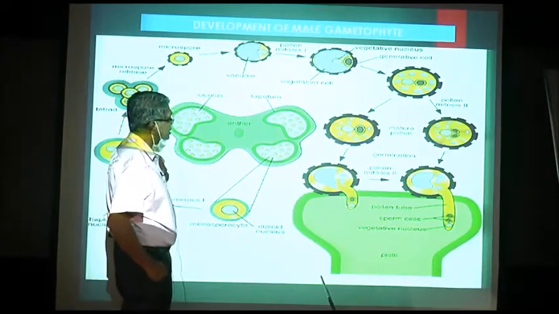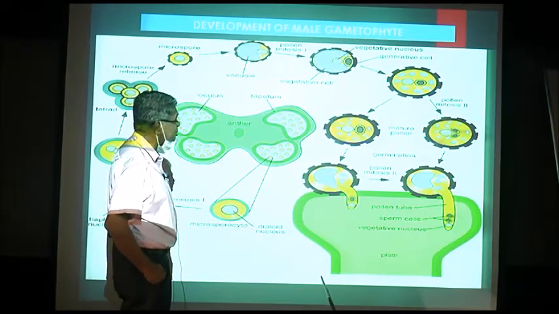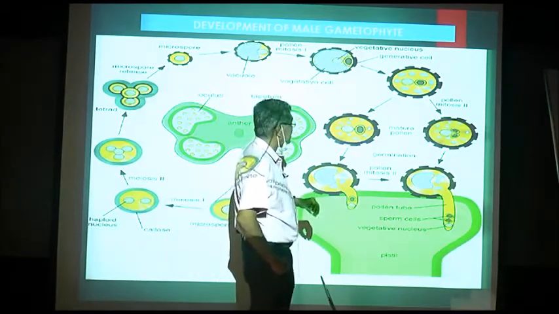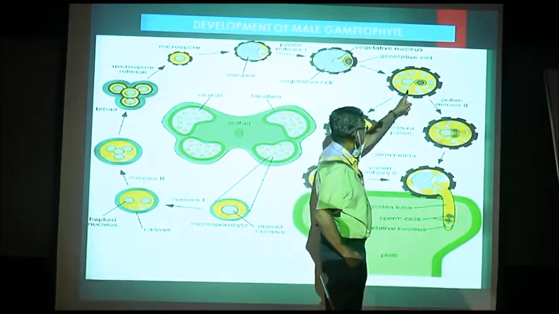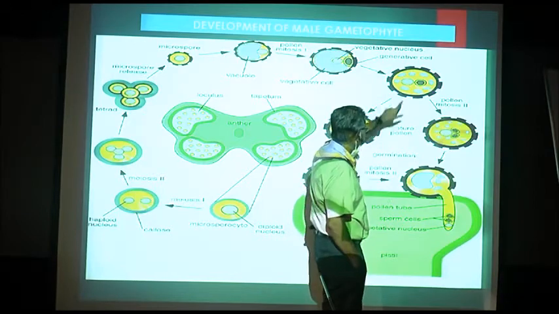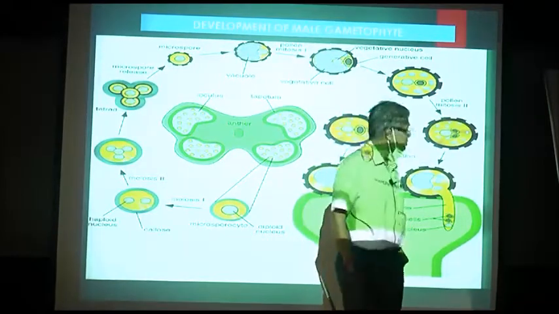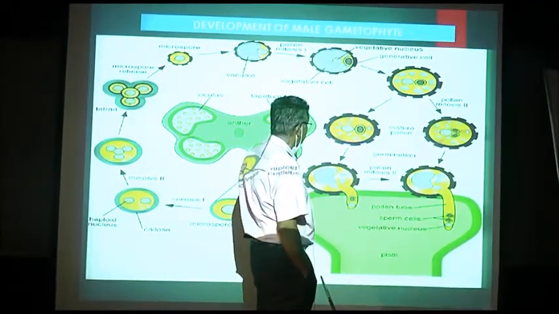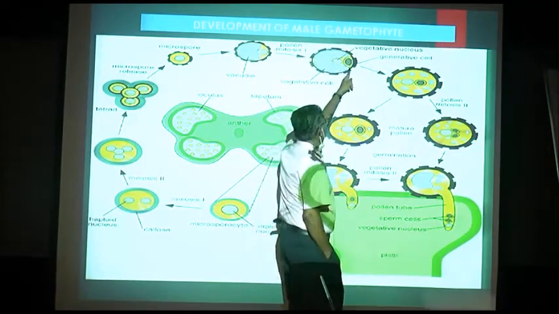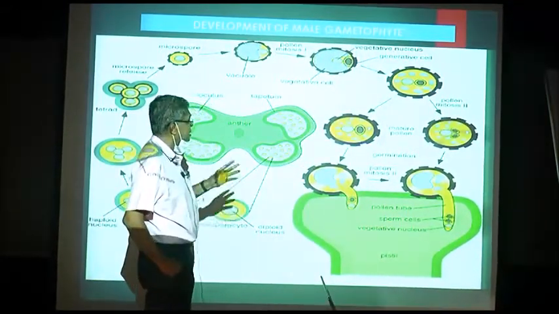These two nuclei are formed by the mitotic division of the nucleus present in the microspore or pollen grain. This is the generative nucleus, this is the vegetative nucleus. The generative nucleus is released from the generative cell. Actually the wall around the generative cell is very simple.